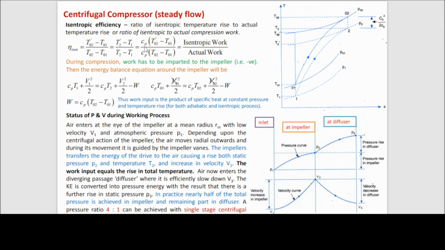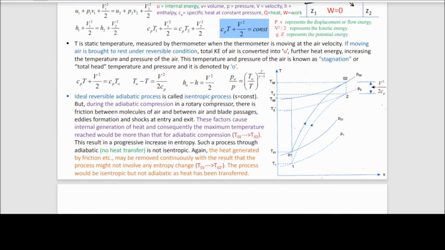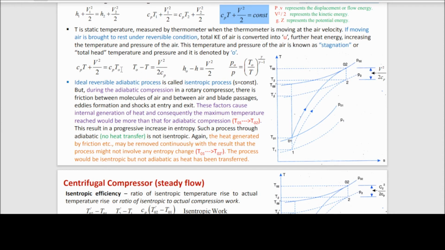And Cp will be constant, that is why you can write it this way. This is Cp (T02 dash minus T01) by Cp (T02 minus T01), which we have already derived in the earlier slide.